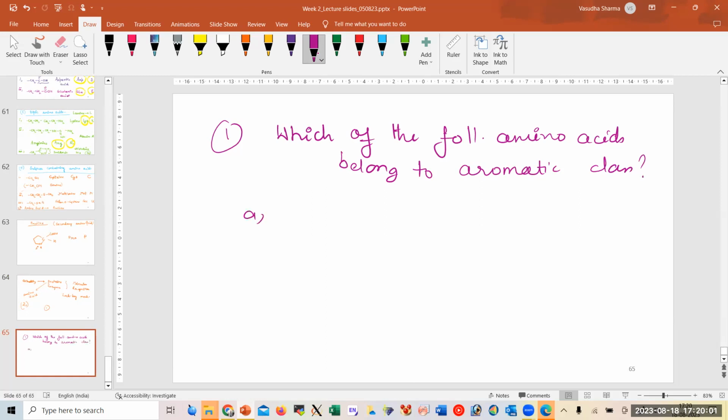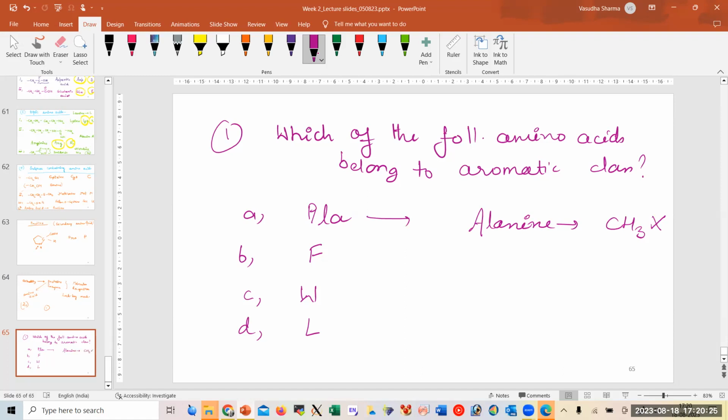The options can be ALA, F, W, L. We already saw that Ala is alanine, which has CH3.